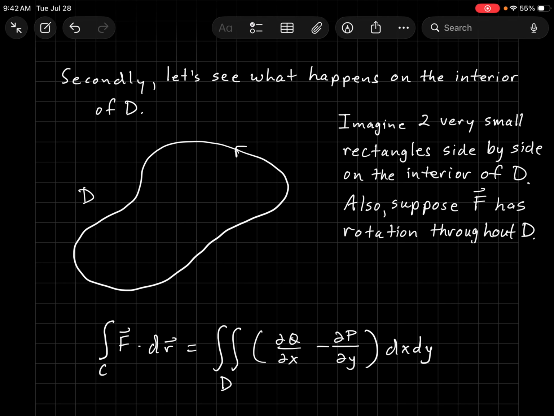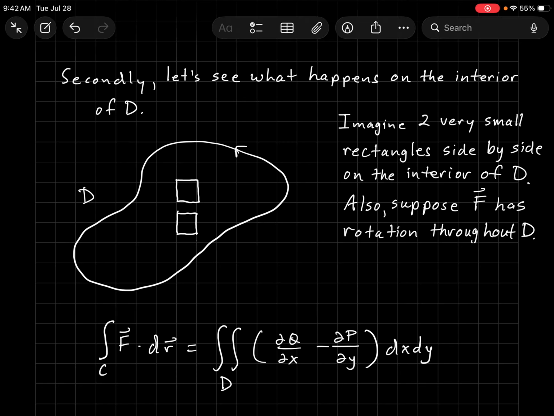So what's going on here? Okay, let's imagine two very small rectangles side by side in the interior of D. Now I'm going to draw them a little bit bigger so we can see what's going on. And then imagine them touching, but I need a little space just so we can see what's happening.